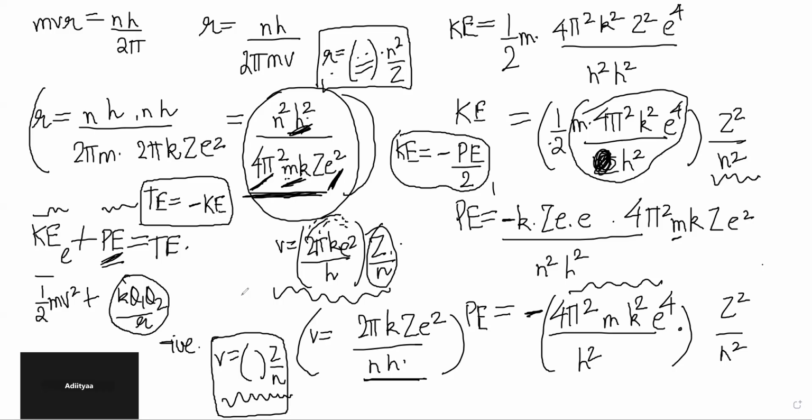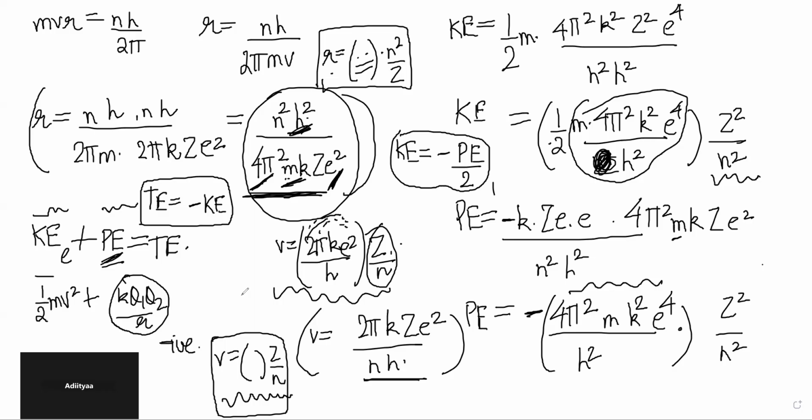It is not free to move out wherever it feels like, cannot escape the atom, right? You are bound to the nucleus, and therefore the total energy of this bound system will always come out to be negative. Total energy is coming out to be the negative of the kinetic energy. It is kinetic energy of the electron plus potential energy of the whole thing.